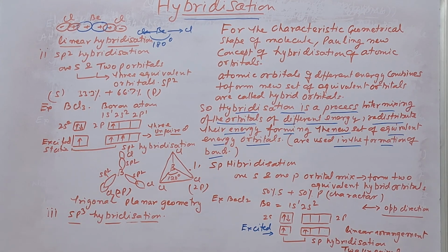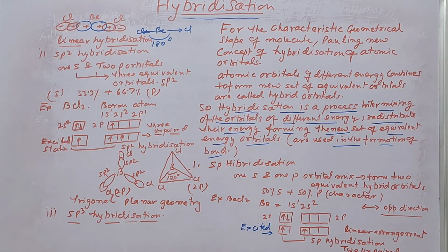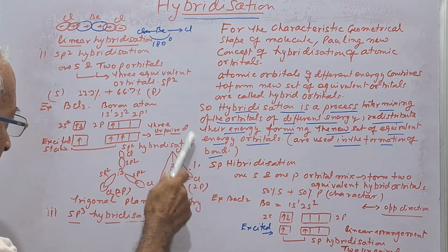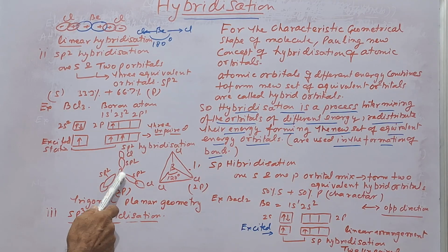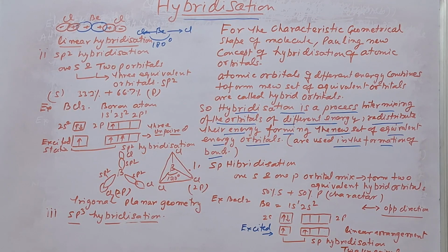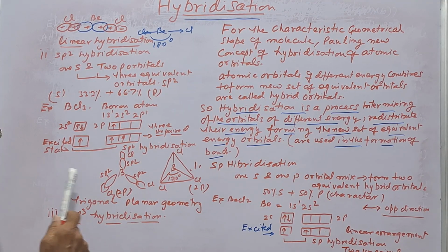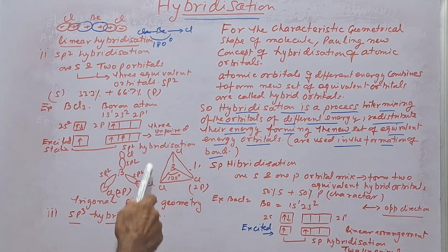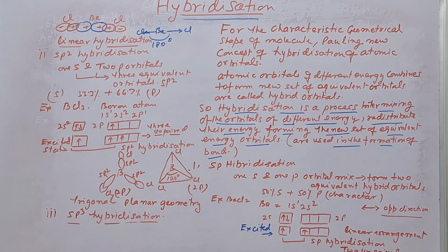These three hybridize to form three equivalent hybridized orbitals, that is sp2 hybridization takes place. Now if you see the structure, in boron the 3 sp2 hybridized orbitals overlap with the p orbital of each chlorine, and it forms a trigonal planar shape. It is trigonal planar geometry.